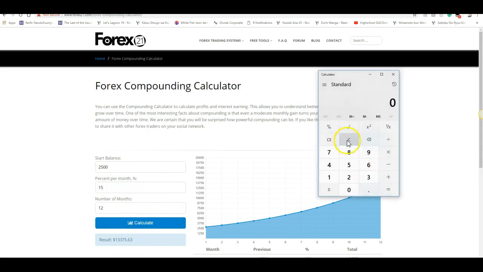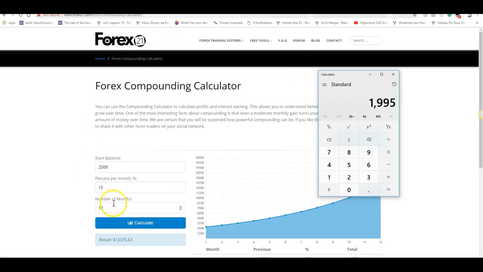If I say $300, so 13,300, and you're making 15% a month, which is easier than 20% or 40%, you're making $1,995 a month. That's not bad, and that's after 1 year of actual trading.